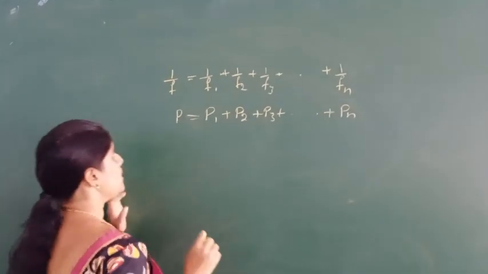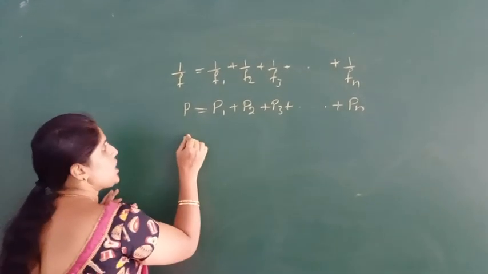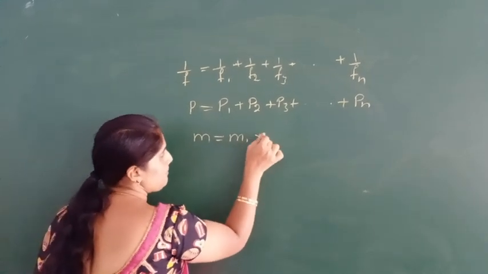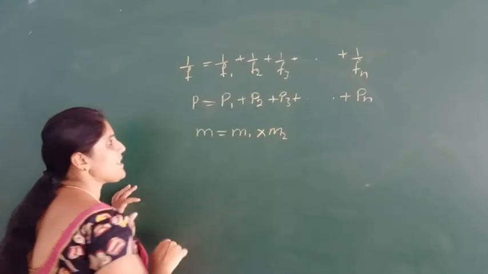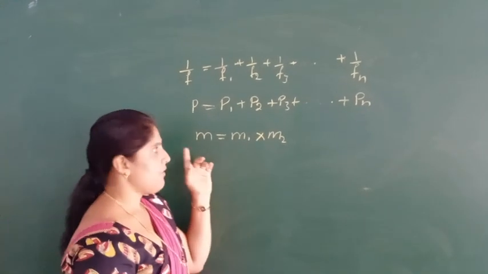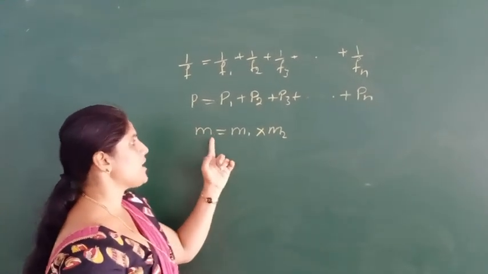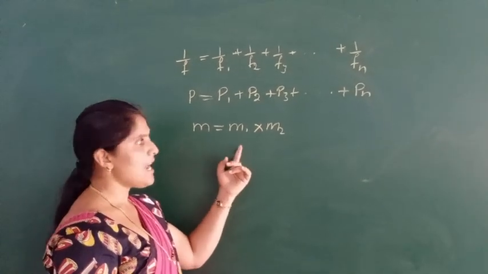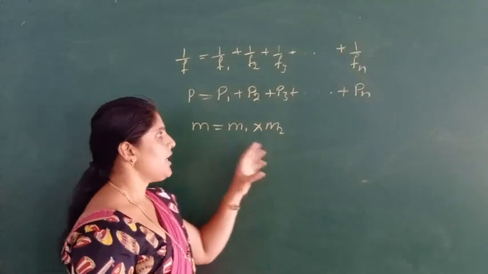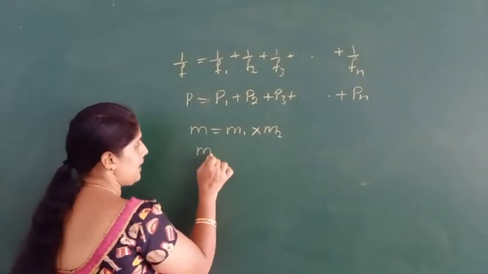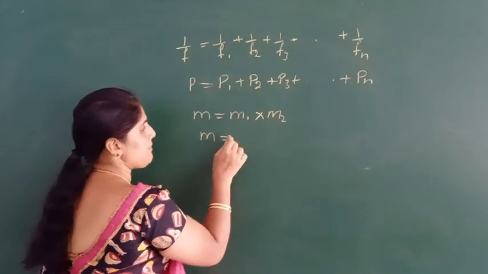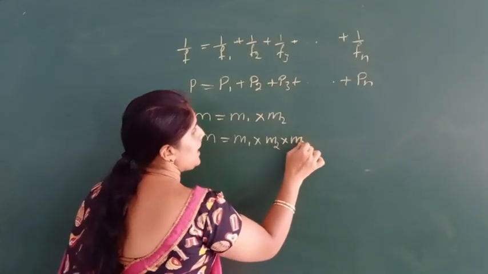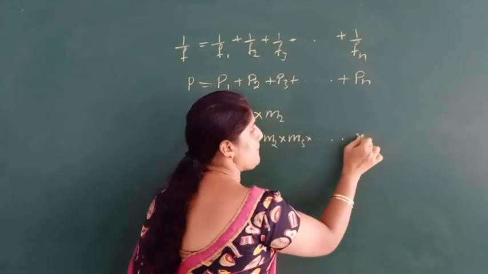Also the effective magnification of combined lenses is given by M is equal to M1 into M2, where M1 is the magnification of the first lens and M2 is the magnification of the second lens. If n number of lenses are in contact, then total magnification is M is equal to M1 into M2 into M3 etc. up to Mn.